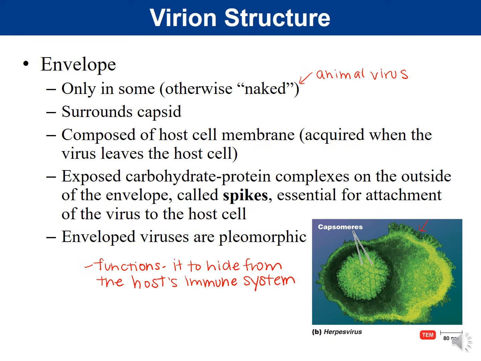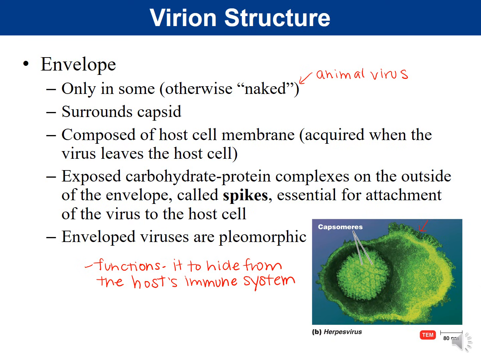The envelope has these exposed carbohydrate-protein complexes on the outside, and these are what we call spikes. And you're going to see in a minute that the spikes are essential for attachment of the virus to the host cell. They are what give the specificity for a virus to be able to infect a particular cell type.